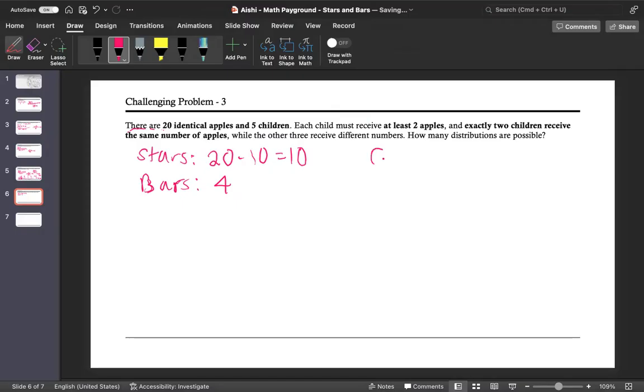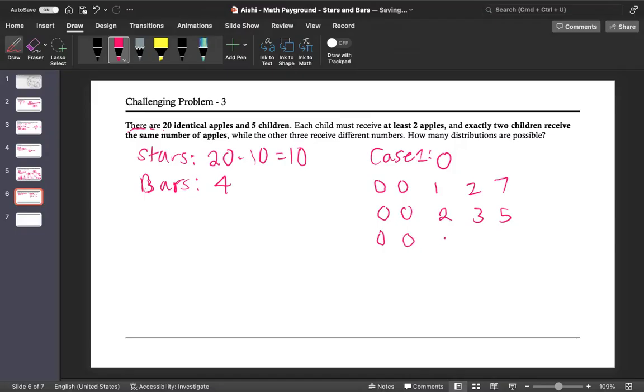Okay. So now let's just do this by listing. So we have case 1 where the repeated number is 0. So we have 0, 0. Now the other 3 numbers have to be different and they have to add up to 10. So our first case would be 0, 0, 1, 2, 7. The second case would be 0, 0, 2, 3, 5.